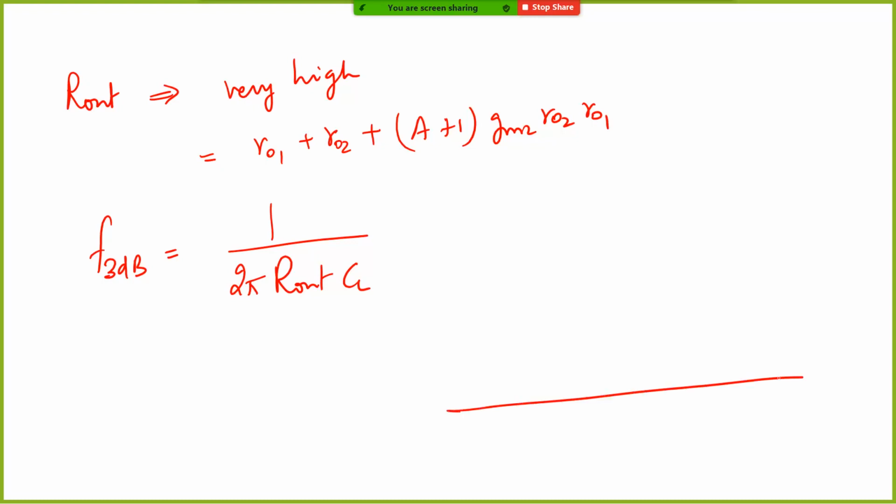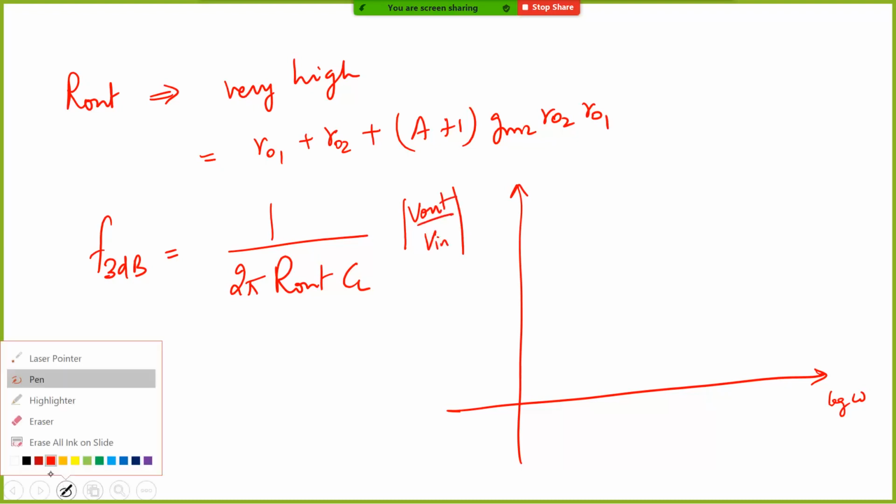So if you were to do a simple comparison of the normal cascode and the regulated cascode, let's say this is log of omega, and this is the magnitude of V_out by V_in.